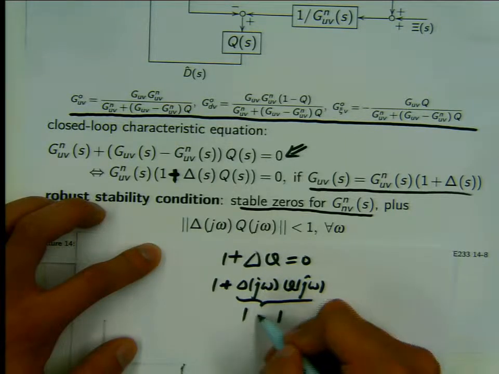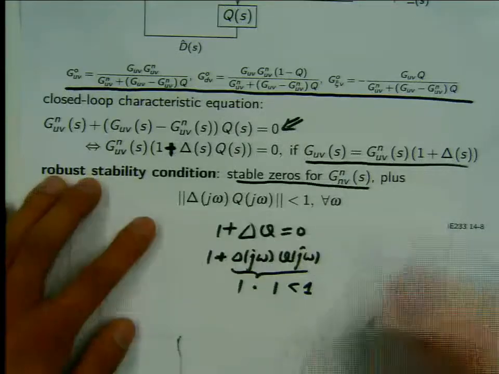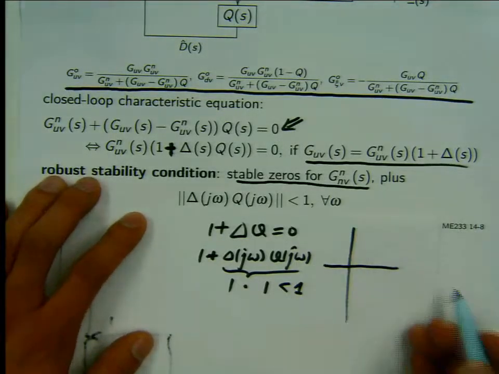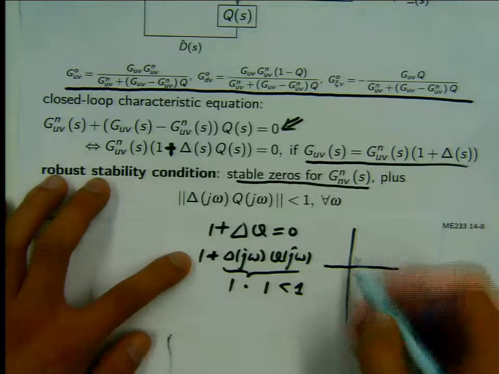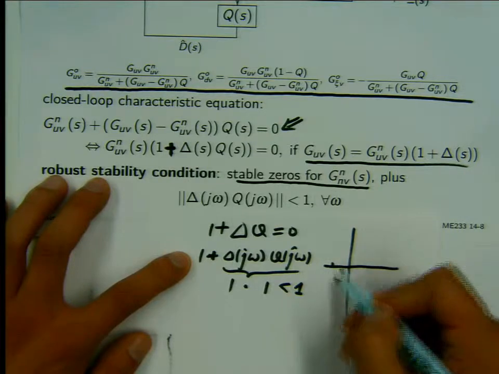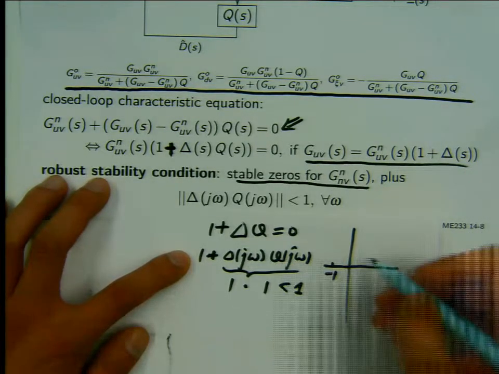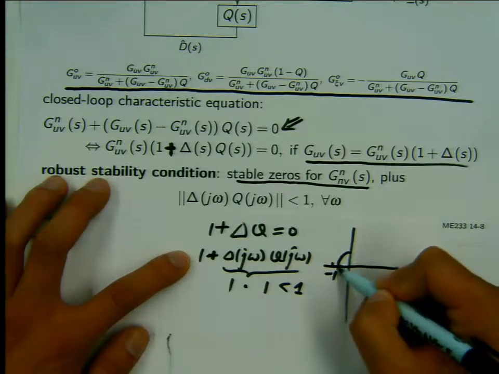If under all frequencies the magnitude is less than 1, take a look, see what will happen. A complex number plus 1 means the complex number minus -1. Then this complex number, its magnitude is always smaller than 1.